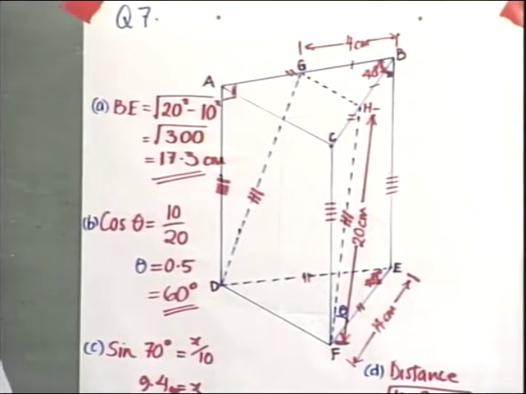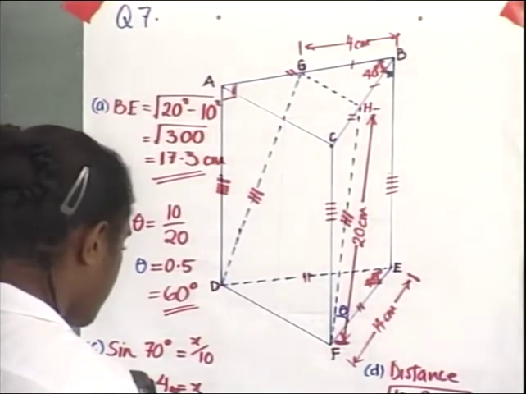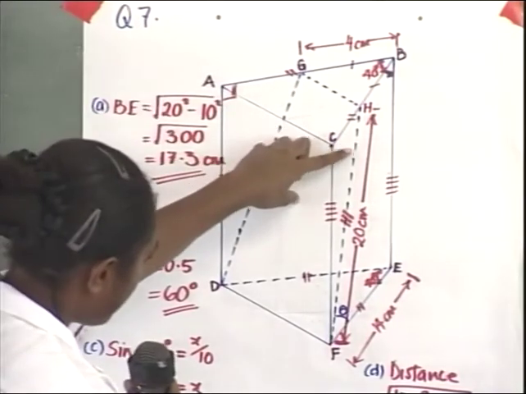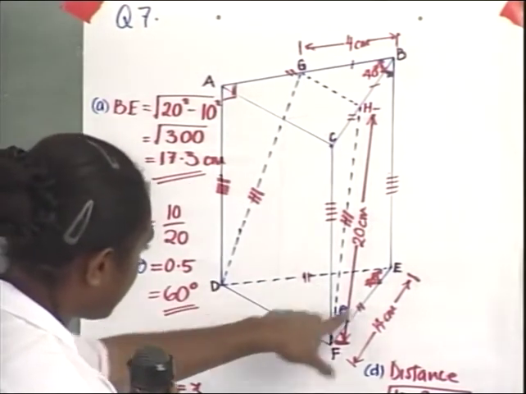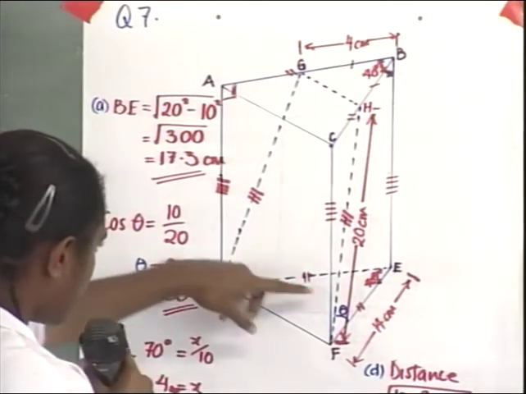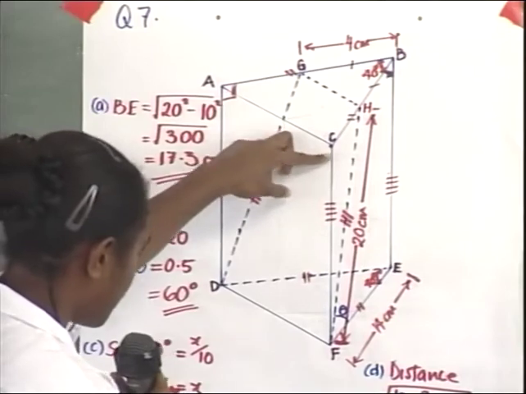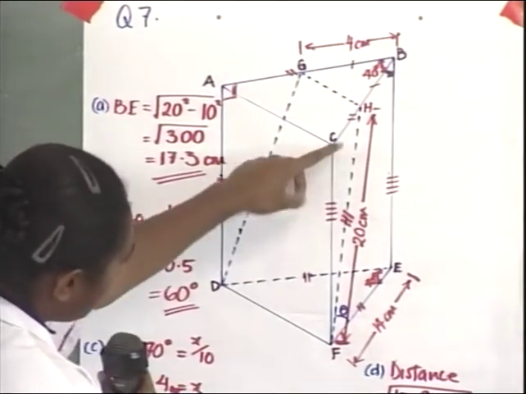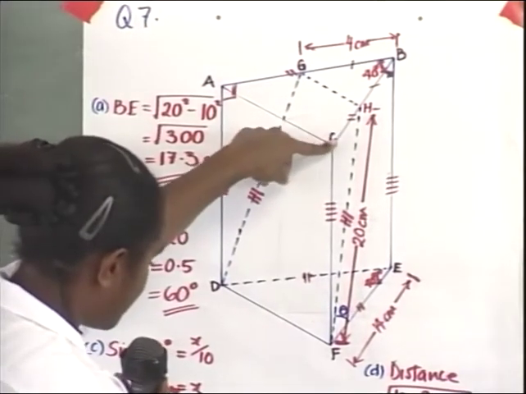B, it says to calculate the angle between FH and the base DEF, which is this angle theta. To find the angle, we use the same right-angled triangle, CHF. The hypotenuse is 20 and the base is 10.